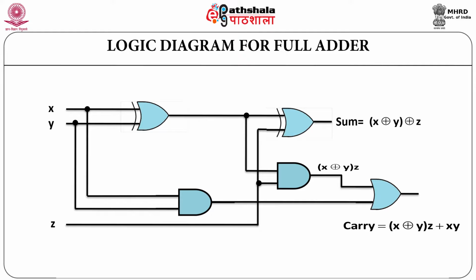So, first the addition of the 2 bits is carried out and then it is added to the third bit. Similarly, for obtaining the carry, the 2 AND gates are used and then finally OR gate is used. The circuit is giving the perfect expression for the full adder.